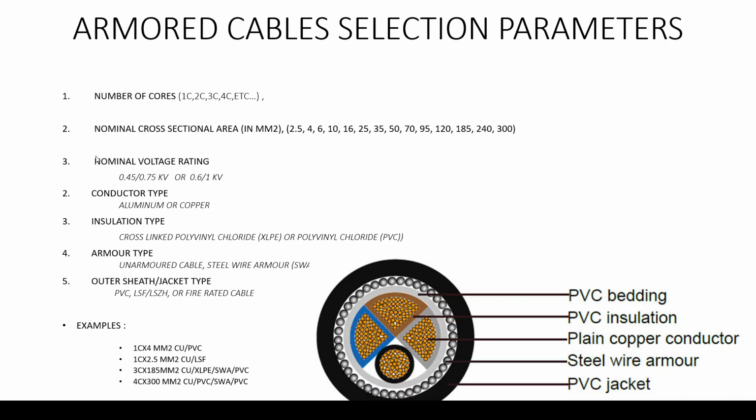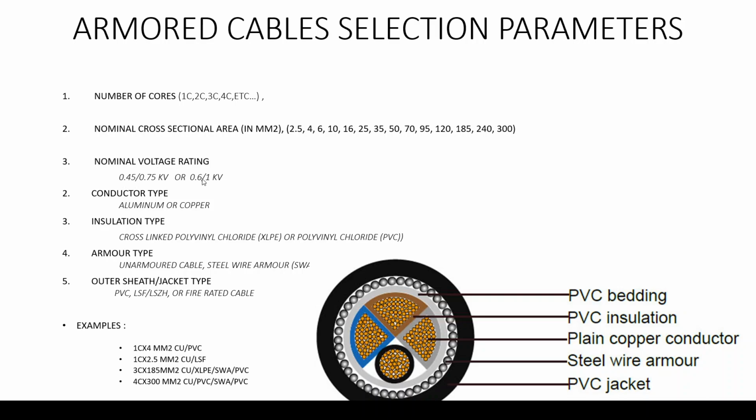Then you specify the nominal voltage rating. It's either 0.45/0.75 kV, which is a standard annotation usually for the lower current carrying conductors such as light and power wires. All wires have this annotation.